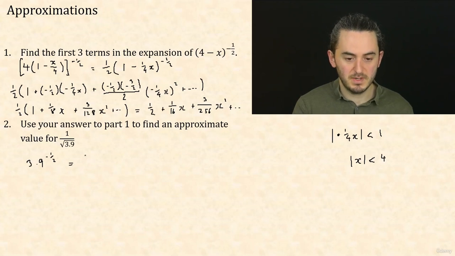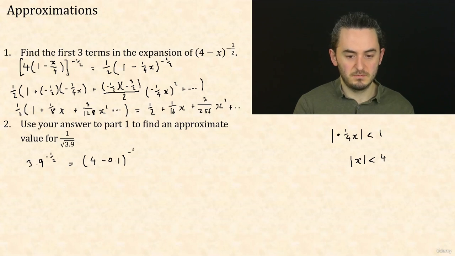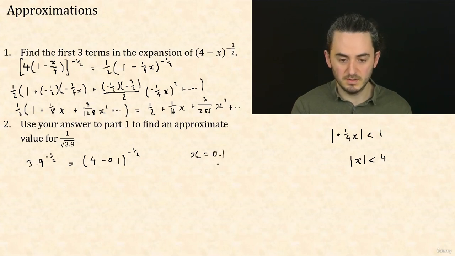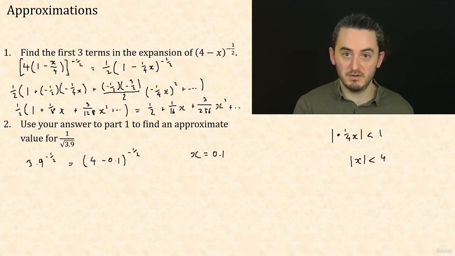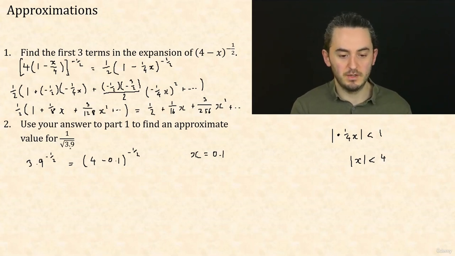Well, 3.9 is 4 minus 0.1. So what does this mean? Well, this means that as long as I set x to be 0.1, this expression here and its expansion should be very similar to 1 over the square root of 3.9.